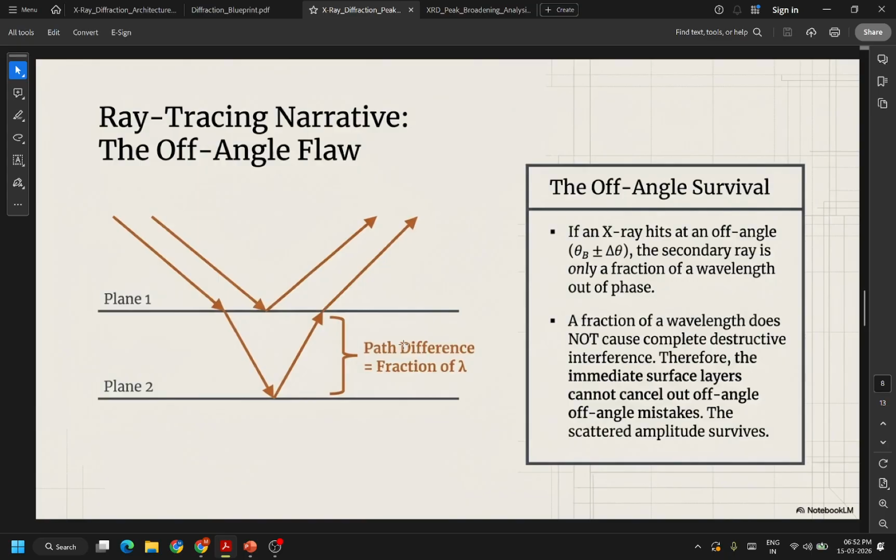So a fraction of waves will not cause complete destructive interference, and therefore the immediate surface layers cannot cancel out off-angle mistakes. So there will still be some amount of scattering amplitude.